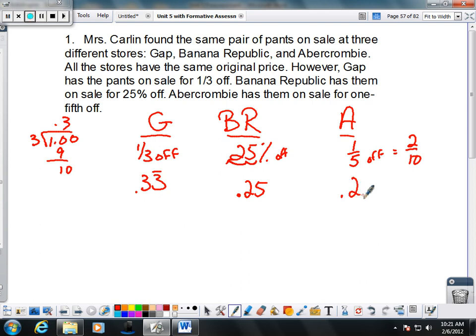So now that I have these as decimals, it's easier for me to compare them. The store that's going to give me the best deal, where I'm going to have the most off, is going to be the Gap, because 1/3 is equivalent to 0.33. When I compare all these decimals, 0.33 or 33 hundredths is a lot bigger than 0.25, and a lot bigger than 0.20. So we have that as a good problem for you.